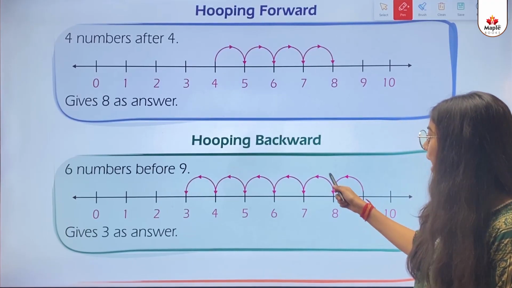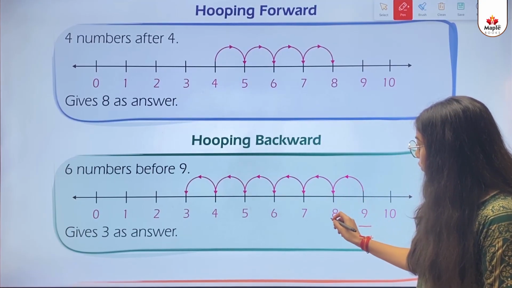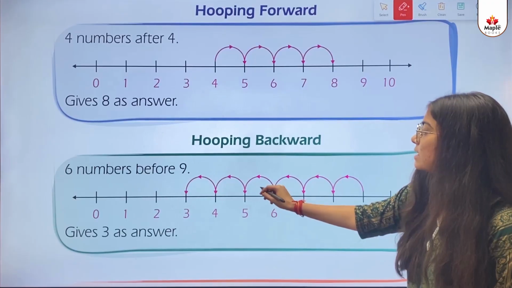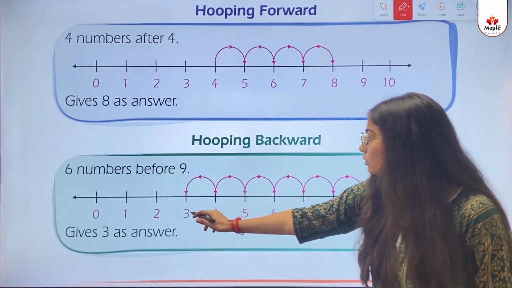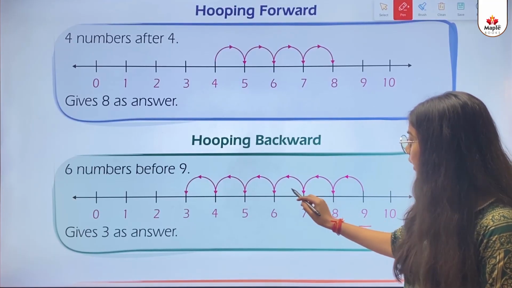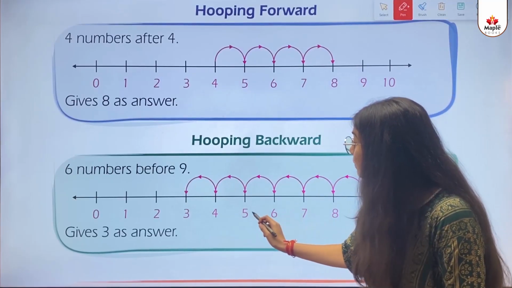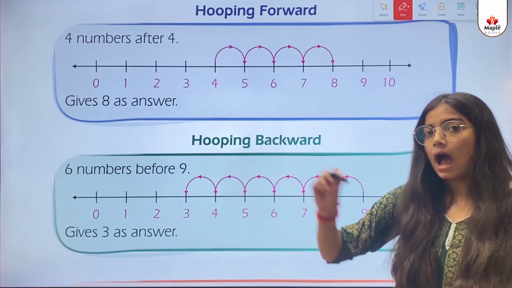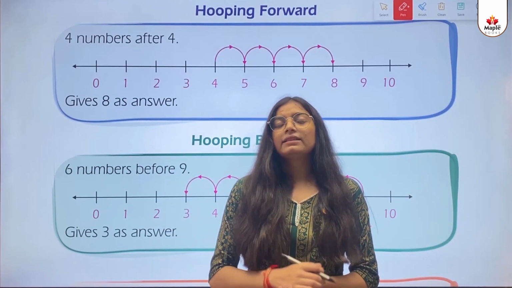As you can see the arrows, 9 is here. You can see it comes to 8, then 7, then 6, then 5, then 4, then 3. If you count these numbers from here, 1, 2, 3, 4, 5, 6. Before 6 numbers, you will get a 3, which gives 3 as the answer. I hope kids you enjoyed the learning. Thank you.